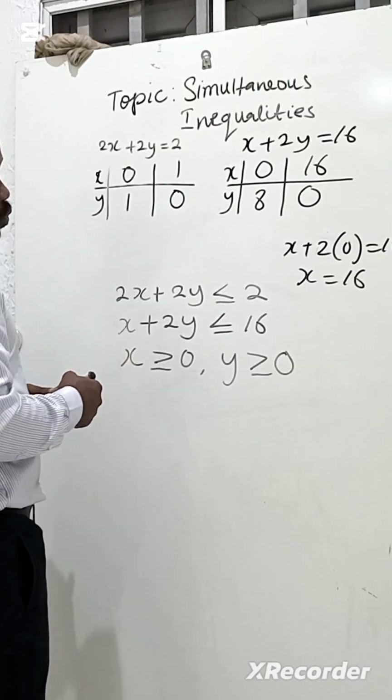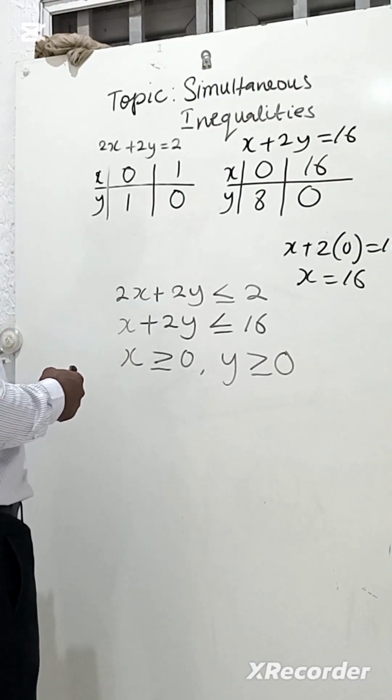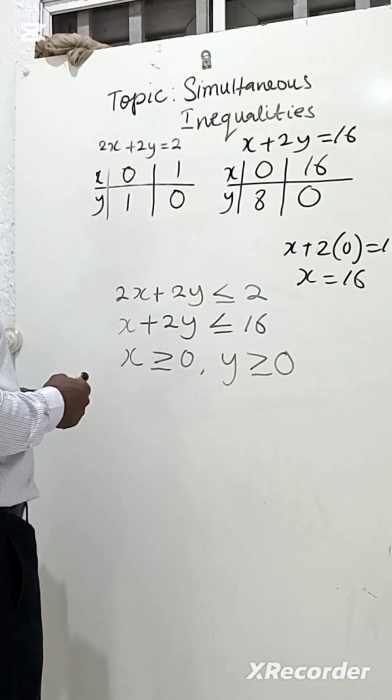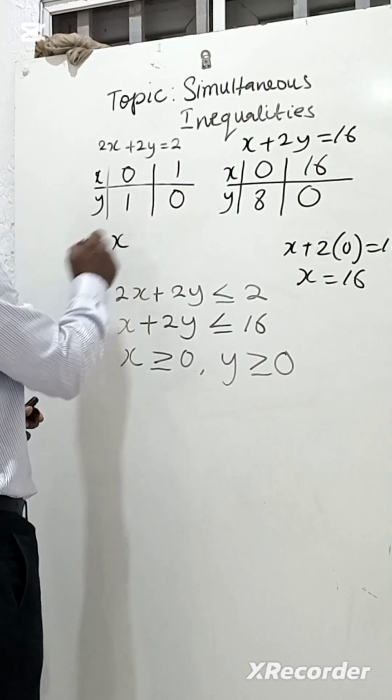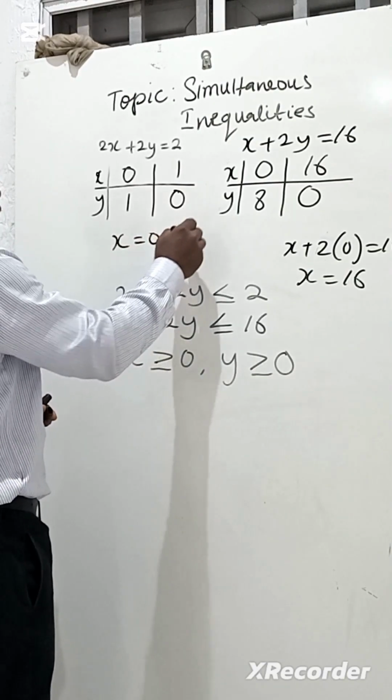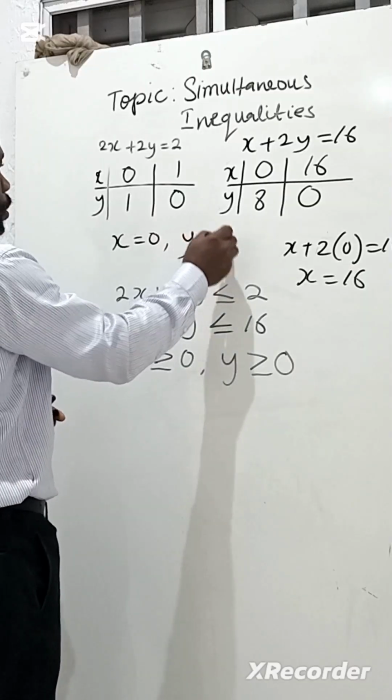So the other two equations or boundaries that we're going to plot on the graph are x equal to 0 and y equal to 0.